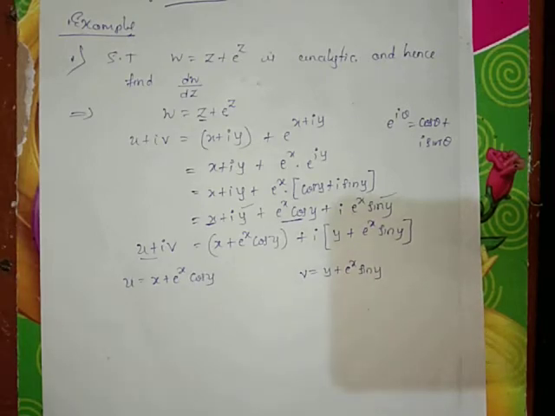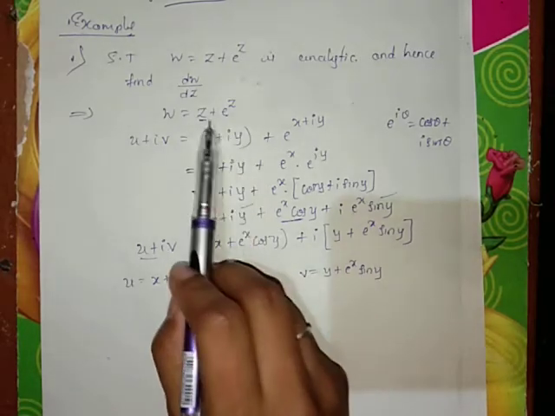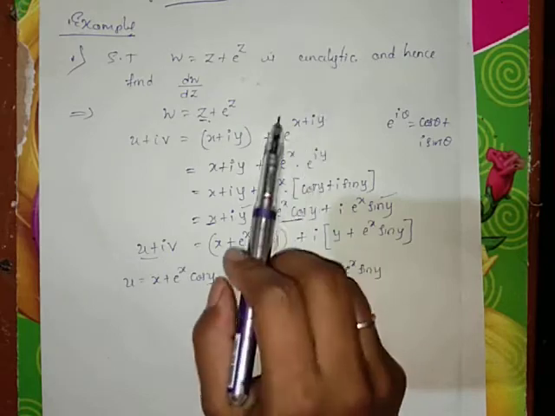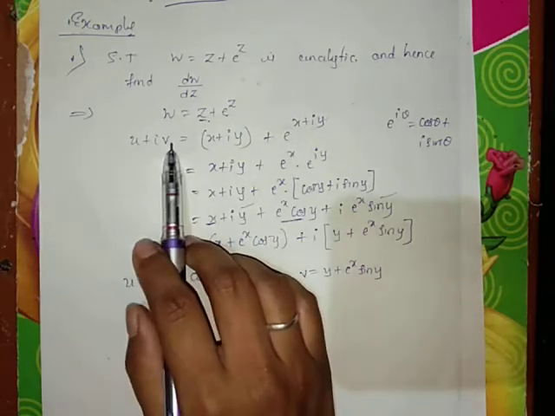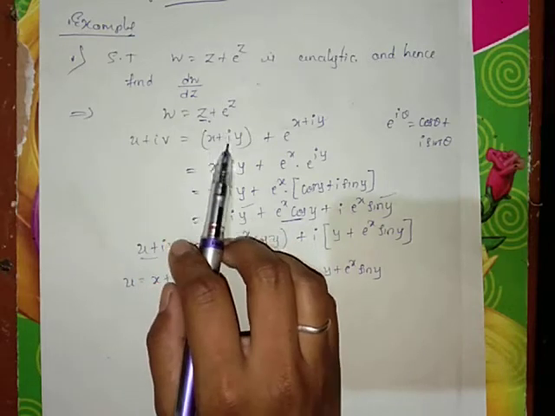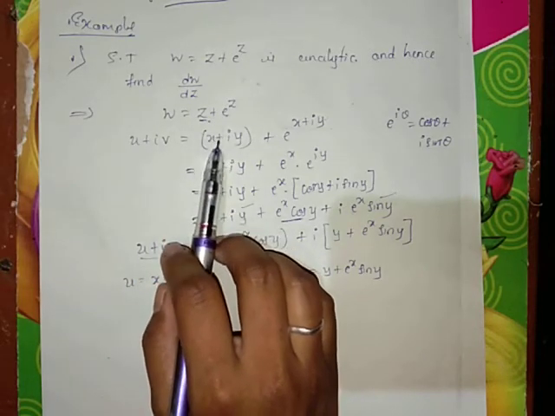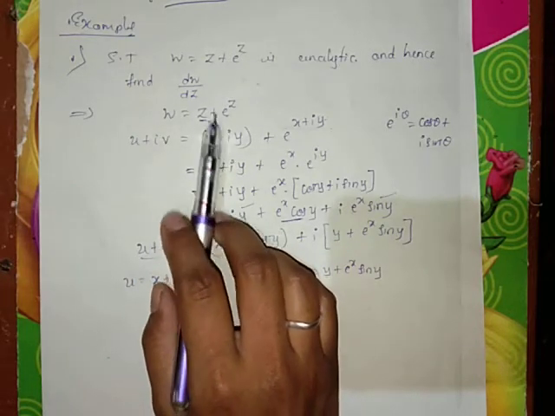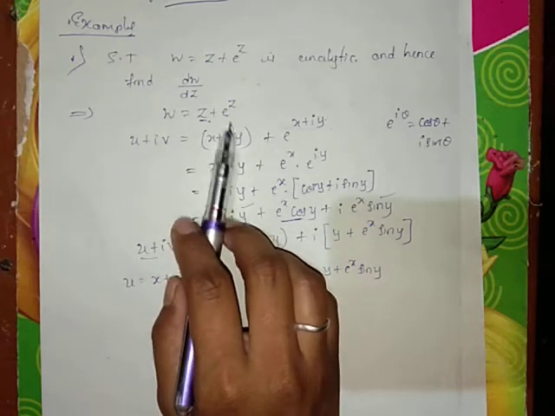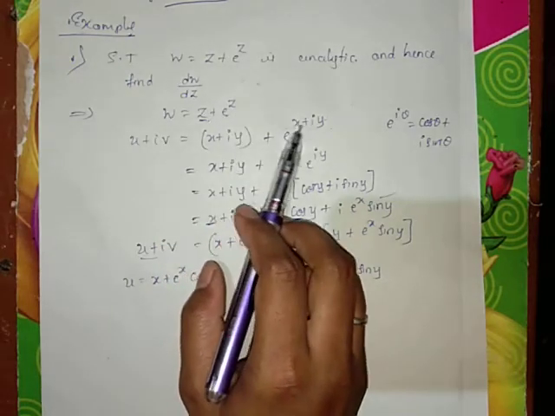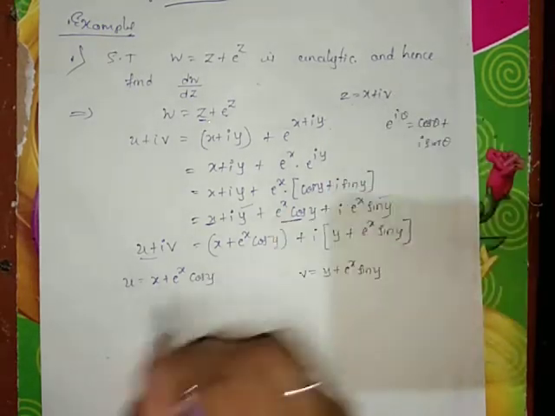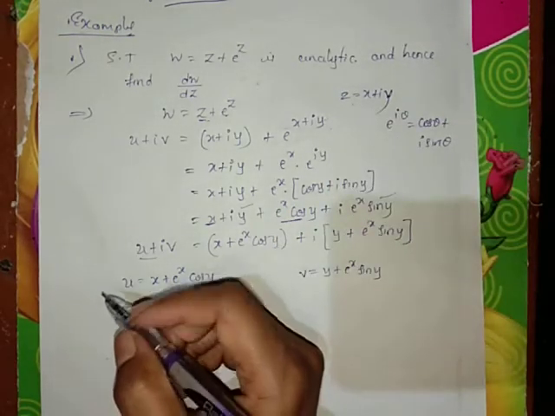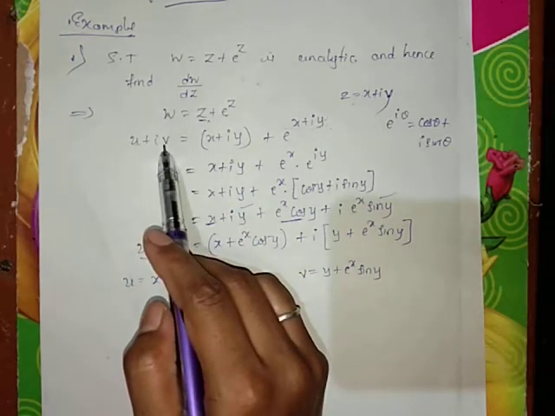So in the first step we have to decide which substitution to take, either polar or Cartesian. Here Cartesian is convenient to simplify, so we have taken the Cartesian form. So z equal to x plus iy, and e raised to z is e raised to x plus iy, with w equal to u plus iv as usual.